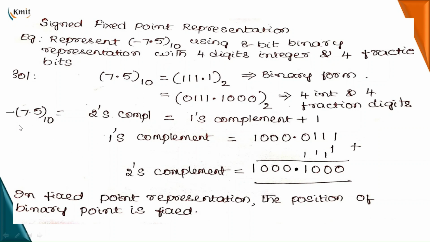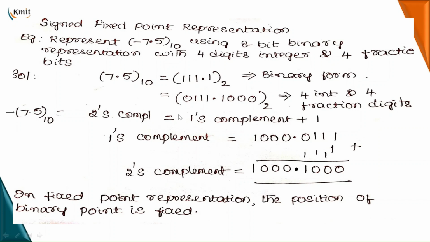Now I have to consider the minus. To convert a positive number into a negative number, the best method is converting it into 2's complement form, which is 1's complement plus 1.